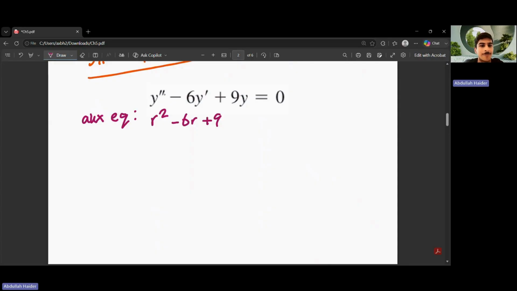As I said, y double prime is considered r squared, y prime is r, and for y itself, you only take the coefficient, and equate it to 0. If you solve for r, you get a repeated root. r1 is equal to 3, and r2 is also equal to 3.